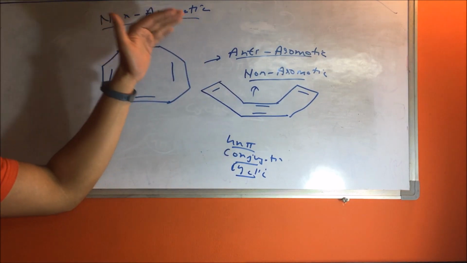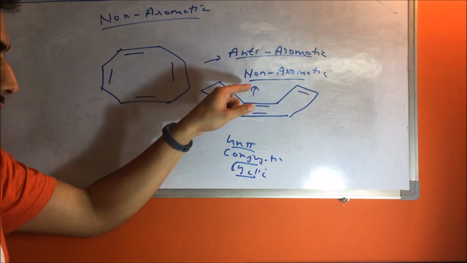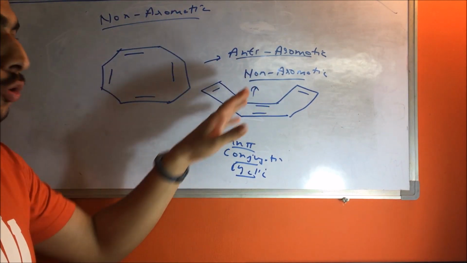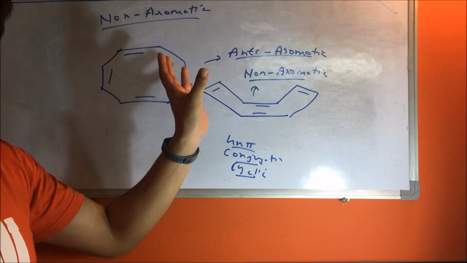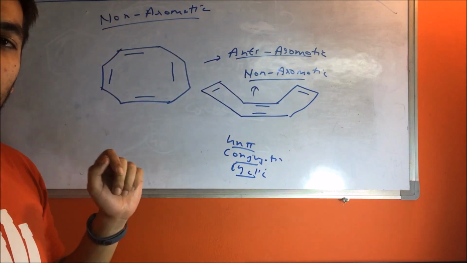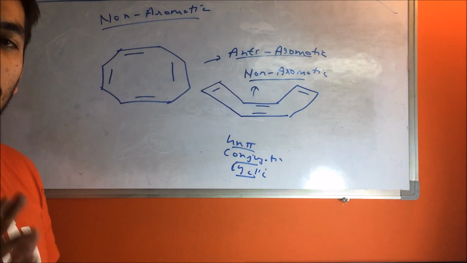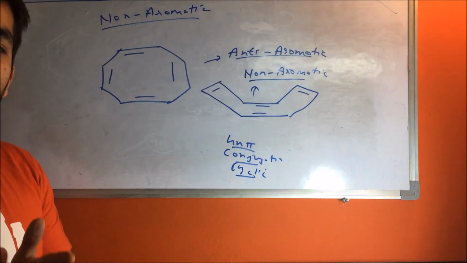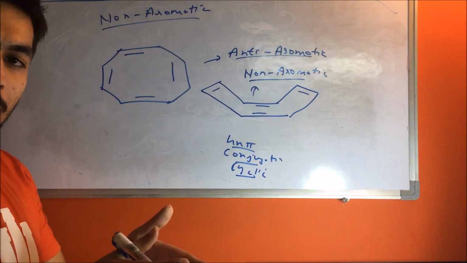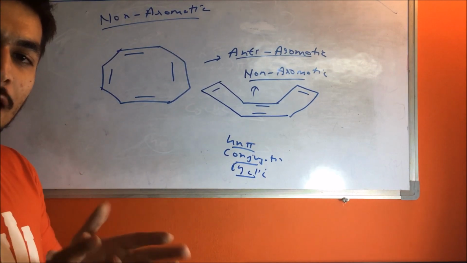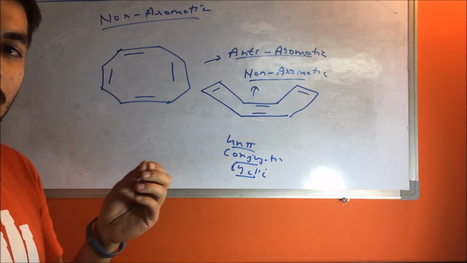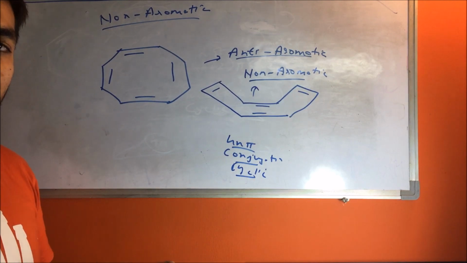Aromatic compounds are the most stable, followed by non-aromatic and then anti-aromatic. So to get rid of the extra instability of the anti-aromatic compound, it adopts a non-planar structure, because of which it becomes non-aromatic. The only difference between non-aromatic and aromatic or anti-aromatic compounds is that they are either not conjugated or not planar.